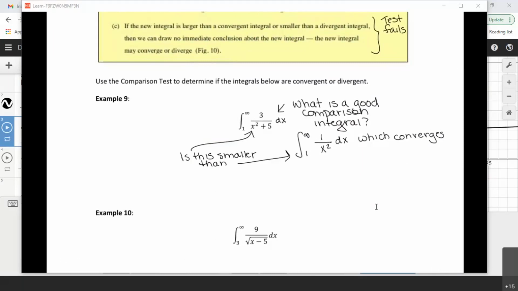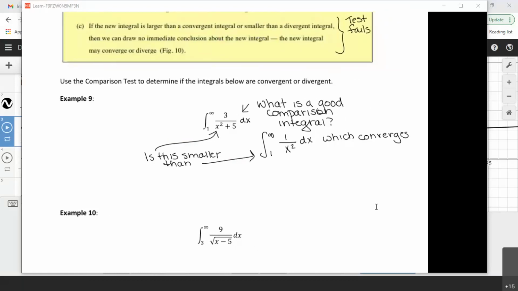Okay, I have to show you it's smaller than that. So let's take a look. Basically I can factor out my 3.